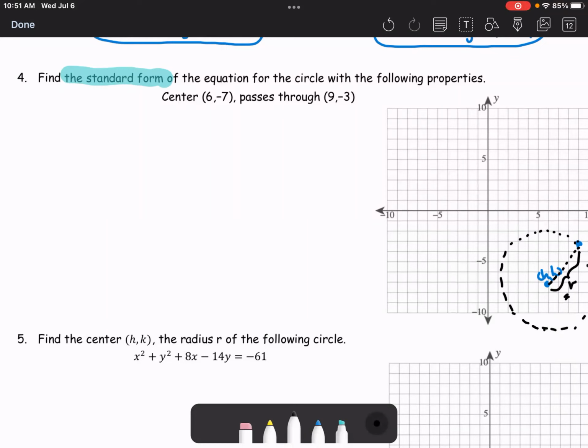So to write the standard form of the equation, we're gonna need the H, K, which we already know as 6, negative 7, and we need the radius R. We don't know yet, so we're gonna find out, which is the distance between these two ordered pairs.